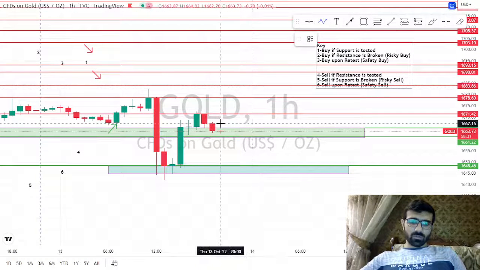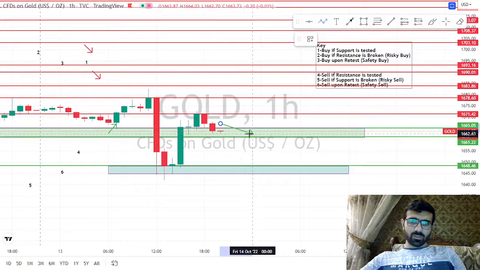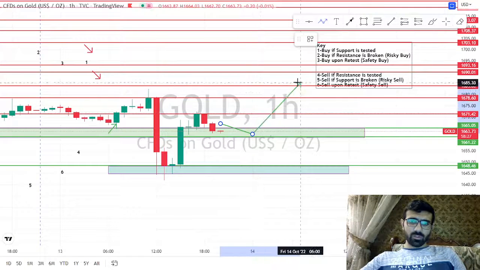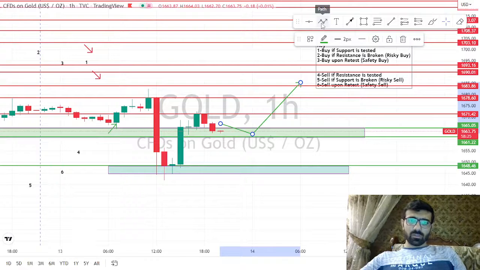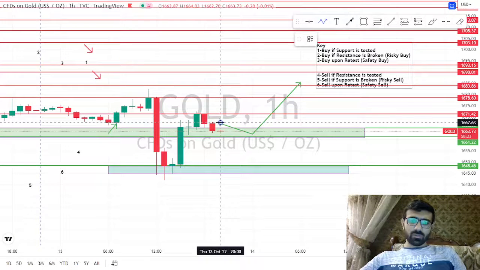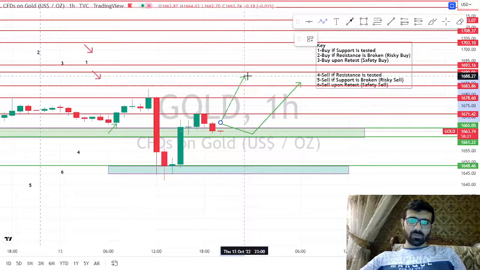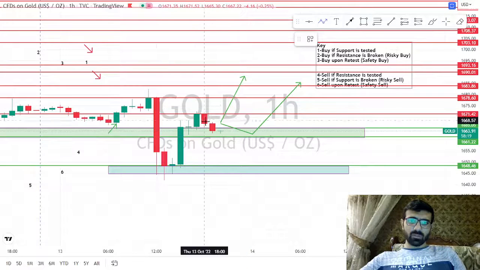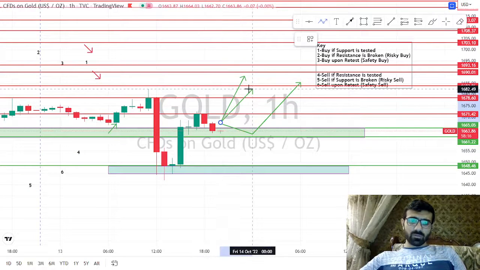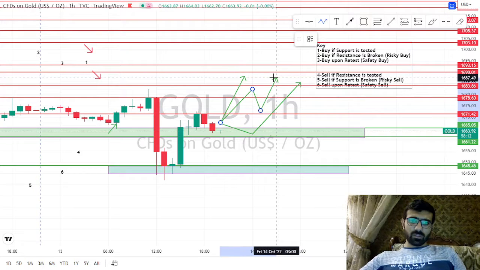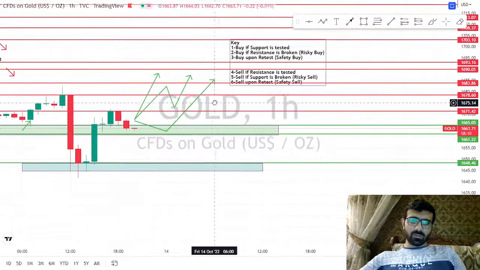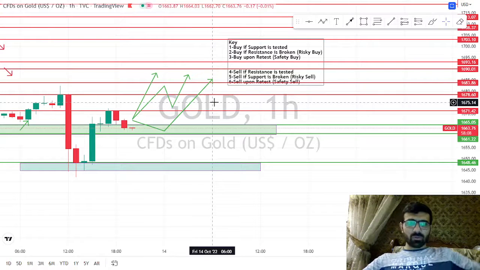Okay, so quite simply, if market tests the support area, then we will buy this pair upon this simple test, and if market closes above this area of resistance, then we will buy this pair from the resistance, and if market enters this area again, then we will buy this from here.